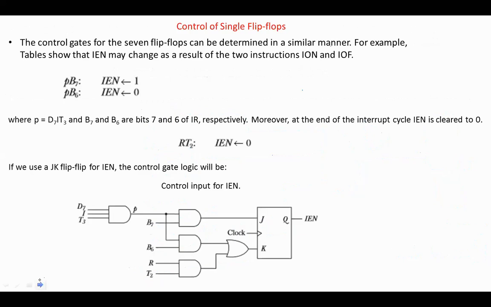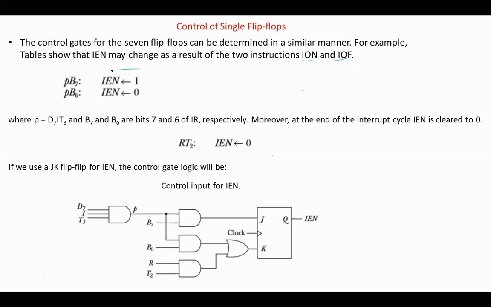Next, control of single flip-flops. The control gates for the flip-flops can be determined in a similar manner. For example, the table shows that interrupt enable may change as a result of the two instructions, interrupt on and interrupt off.